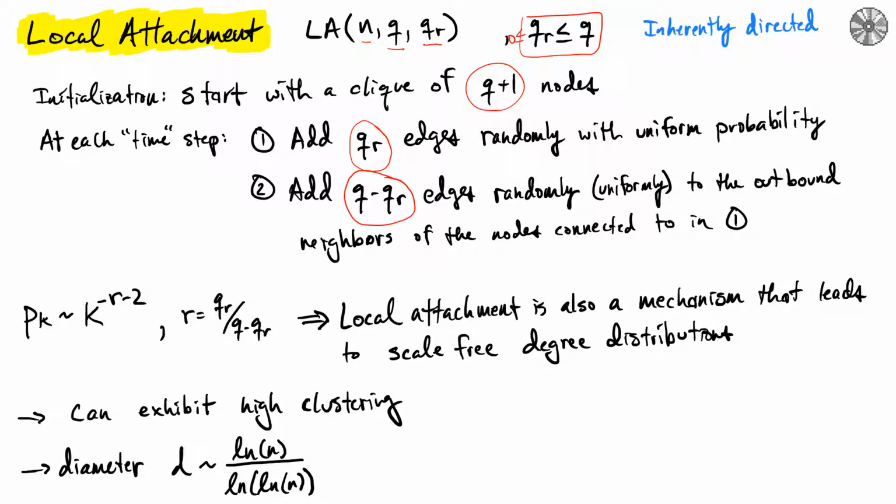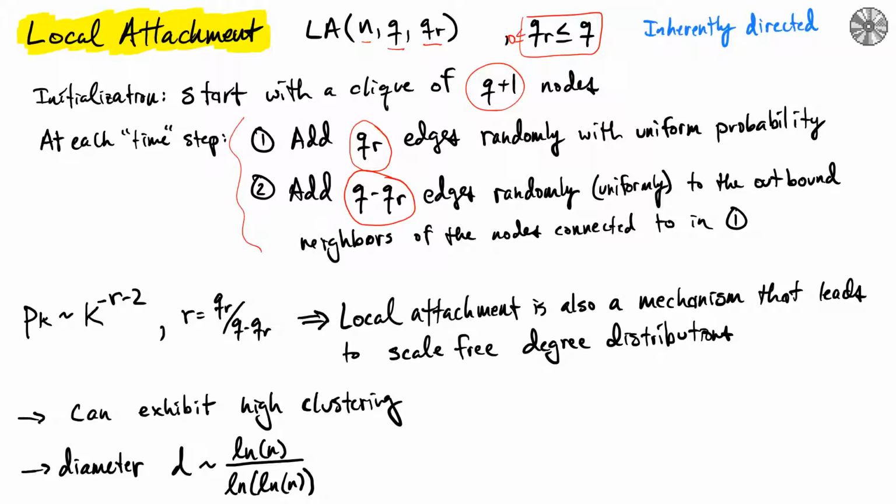And so this is one of the modifications that actually motivated Y to consider a local attachment model. One of the interesting things is that this can generate networks that are surprisingly similar to Barabasi-Albert methods, even though the mechanism is different.